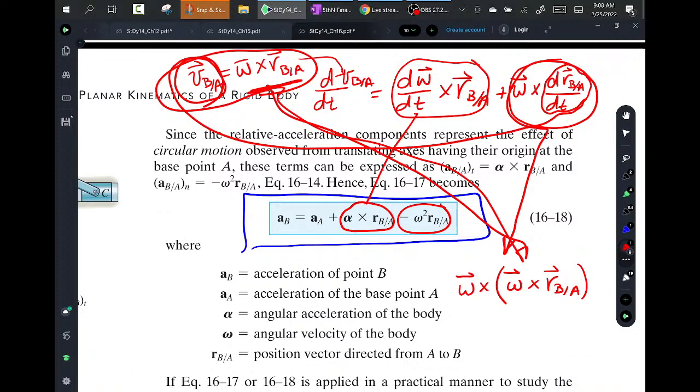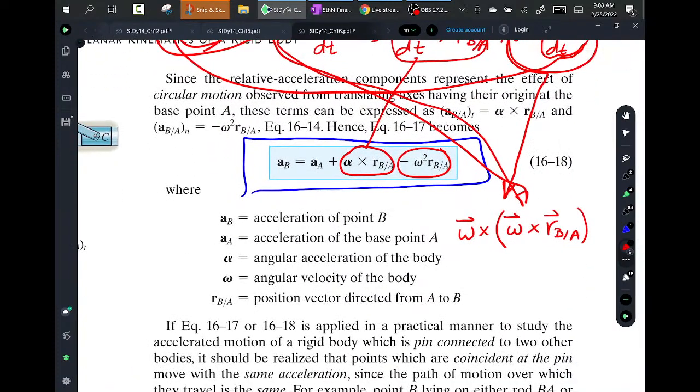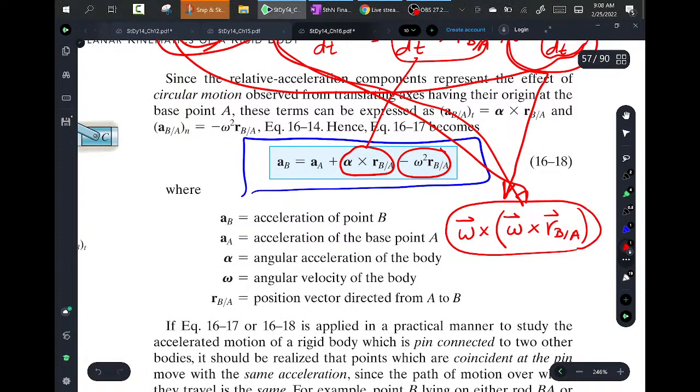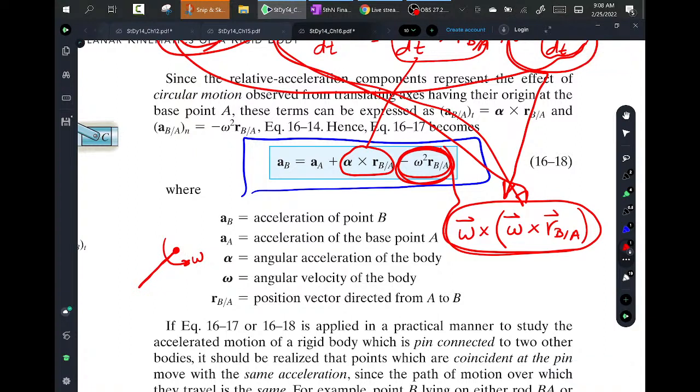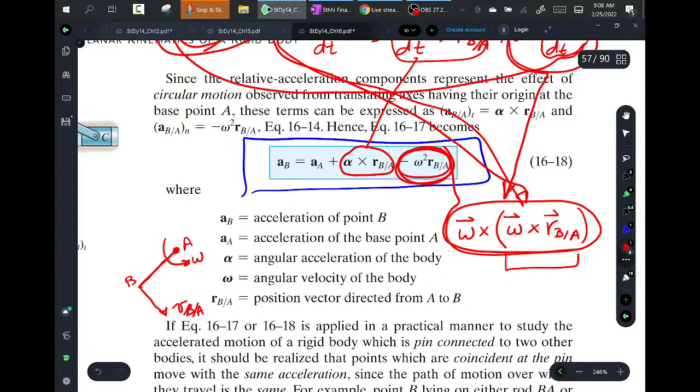Now, in a sense, if you look at this term, this always ends up being that. And I think we talked about that before, because if you're looking at something, it's rotating this way. This component is the velocity of B with respect to A, and that happens to be what's in the parentheses here.